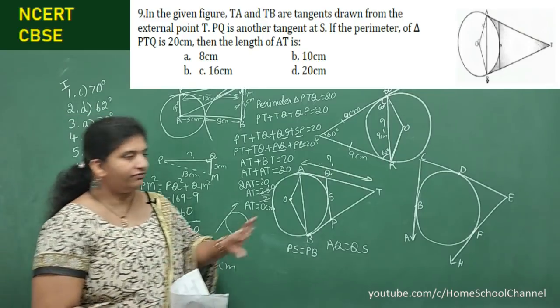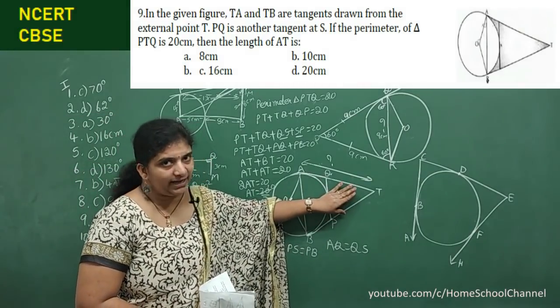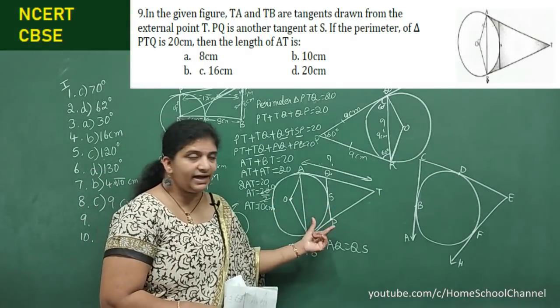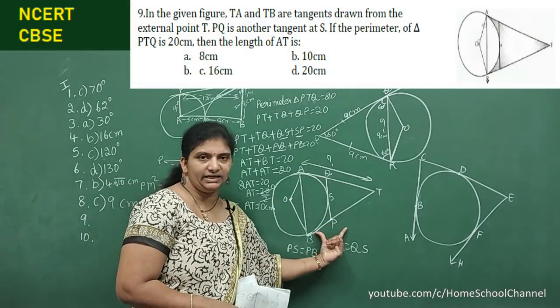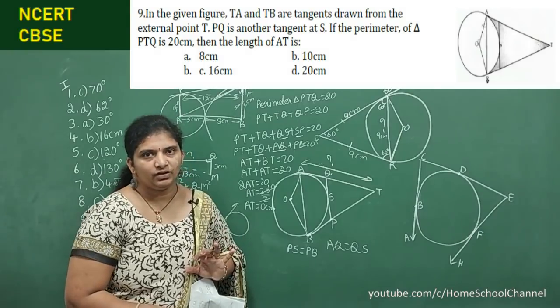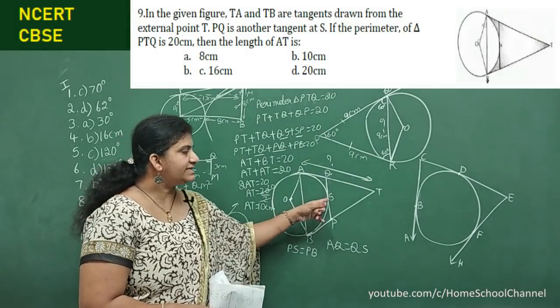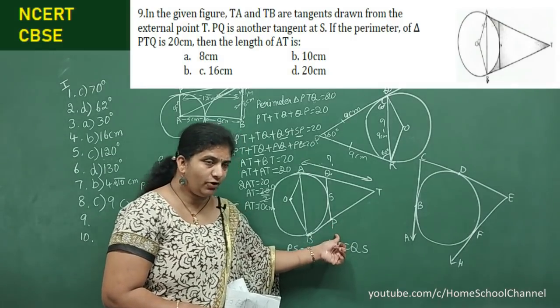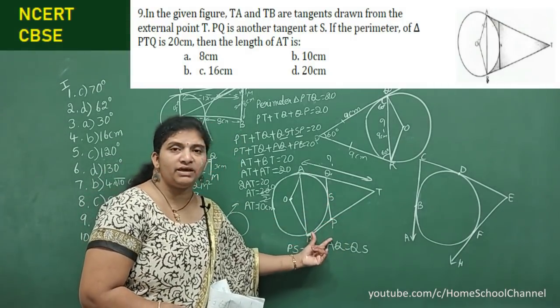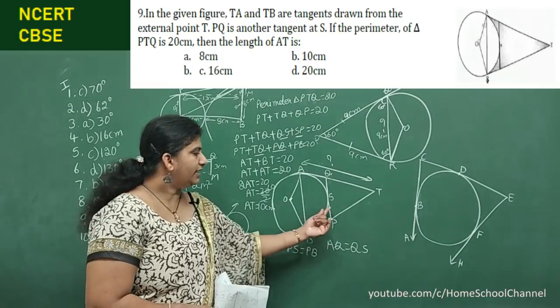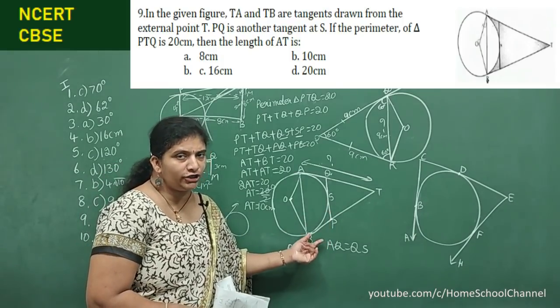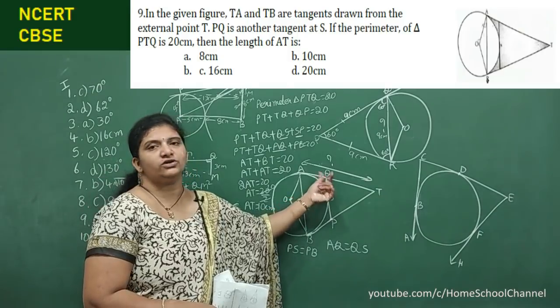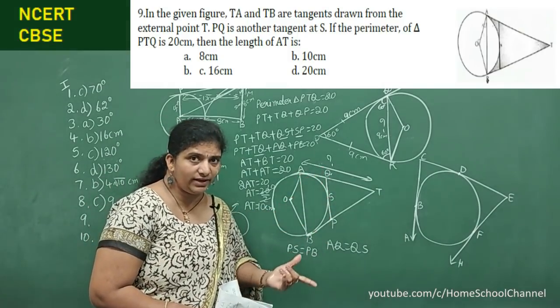Understand the question carefully. The perimeter of this triangle is given. They have given 3 tangents, AT, BT and PQ. It is touching at S, we know. Again, P becomes an external point. PS and PB are the tangents. The tangent lengths will be equal according to the theorem. Here also QA and QS will be equal.